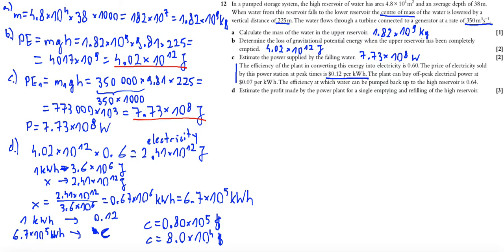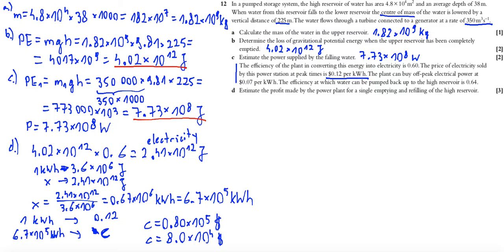And now we have to do the same. Let me read again. The price of electricity sold by this power station at peak times is 0.12, and the plant can buy off peak electrical power at 0.07, and the efficiency at which water can be pumped back up to the high reservoir is 0.64.